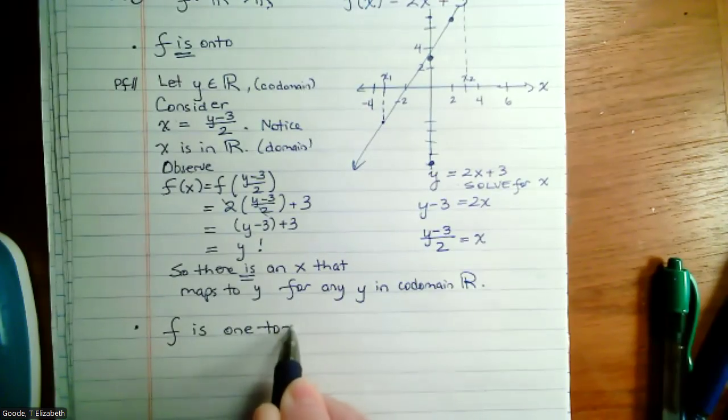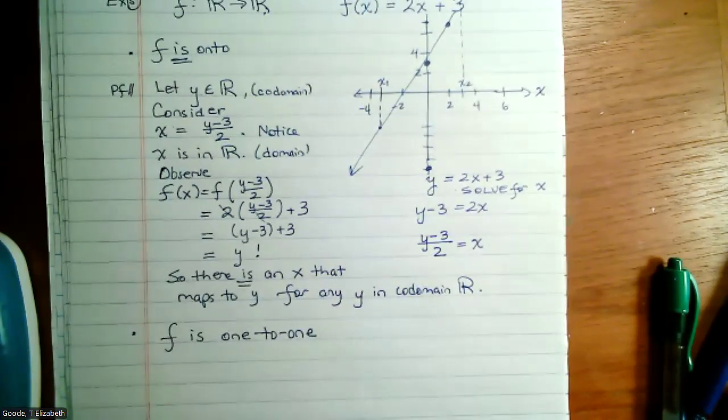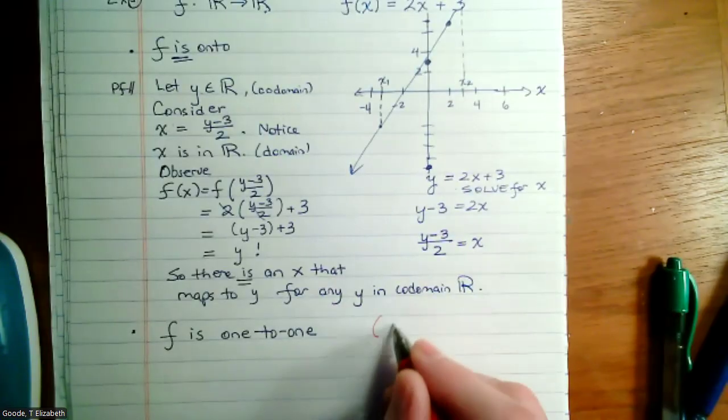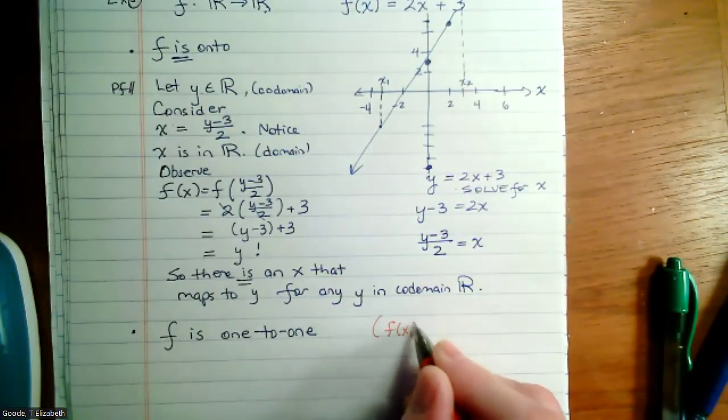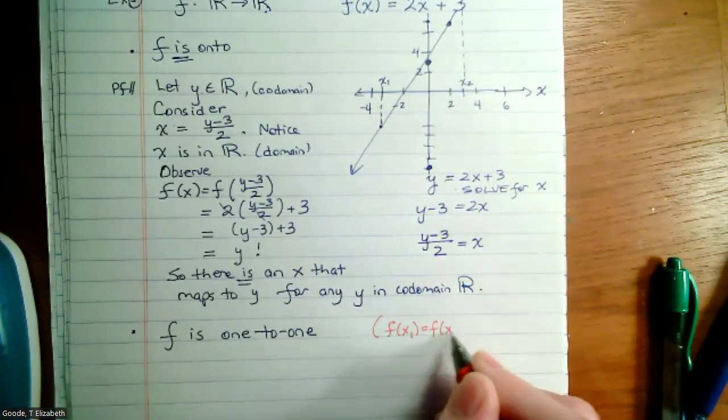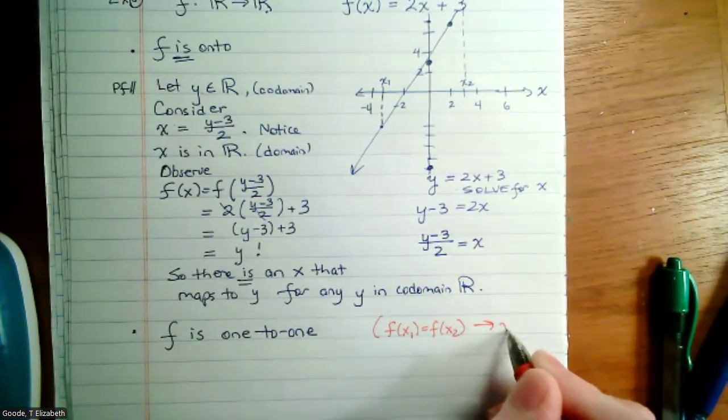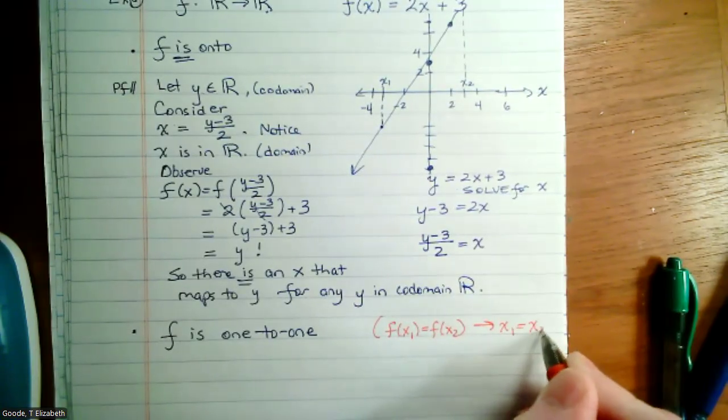Let's just remember our definition of 1-to-1. Definition says if f of x1 equals f of x2, then that forces x1 to equal x2.